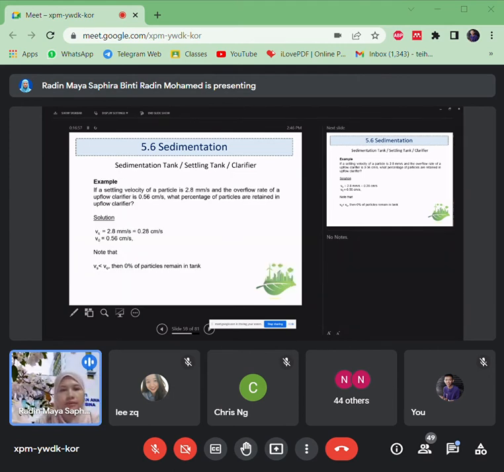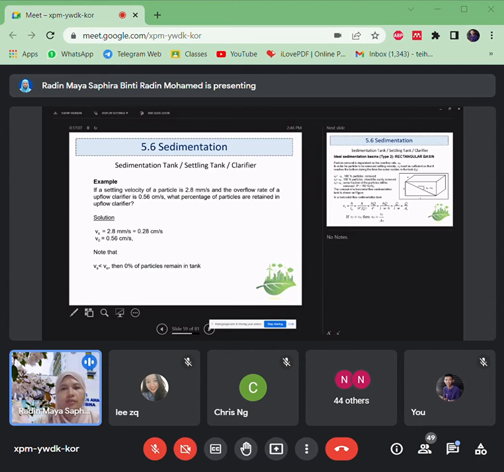In here, the settling velocity of the particle is 2.8 millimeter per second and the overflow rate of the upflow clarifier is 0.56 centimeter per second. What percentage of particles are retained in the upflow clarifier?